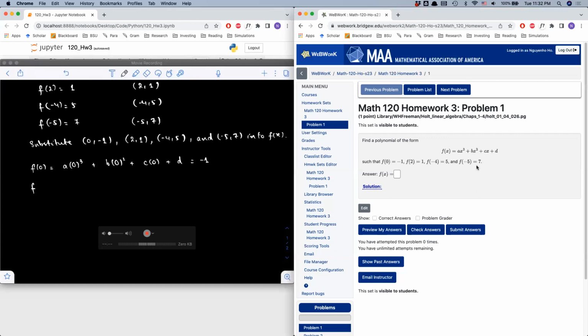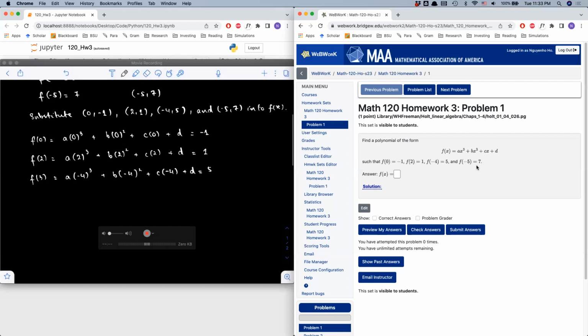Now the second equation should be f of 2 equal to a times 2 cubed plus b times 2 squared plus c times 2 plus d equal to 1. The third equation is a times -4 cubed plus b times -4 squared plus c times -4 plus d equal to 5.